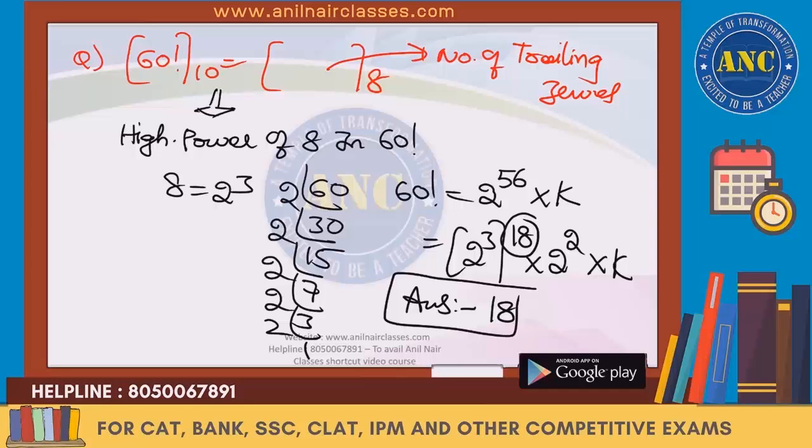Mahesh says it is clear. Anup says good. Keep this charging. Any doubts? Highest power of 8 in 60 factorial.